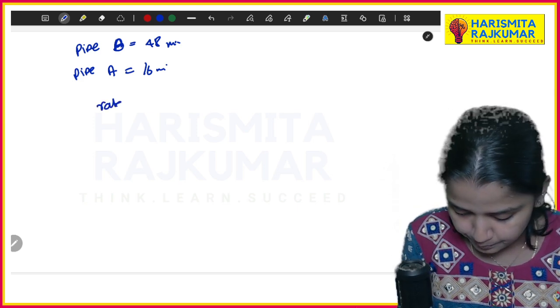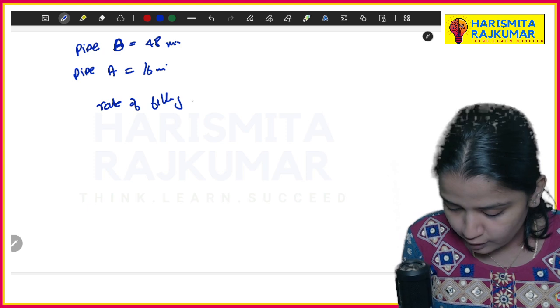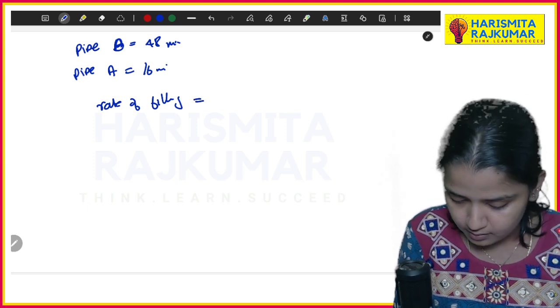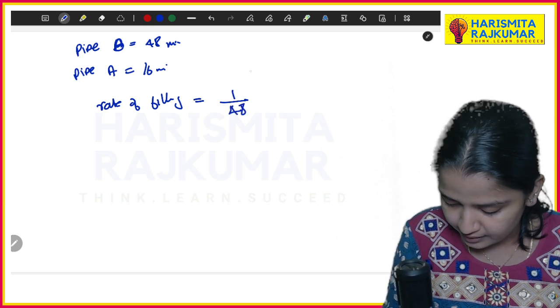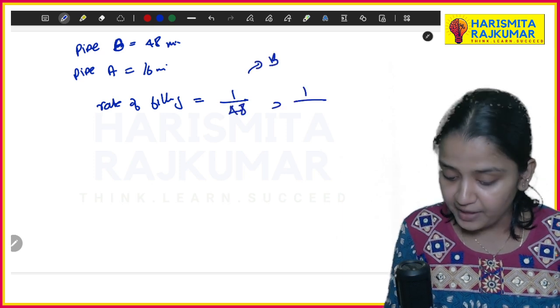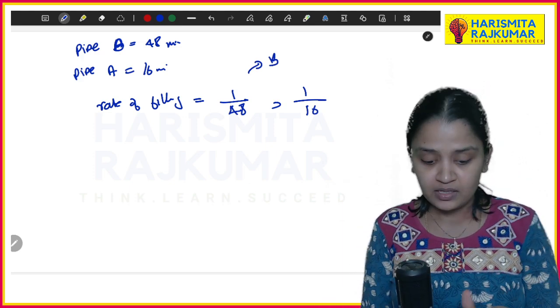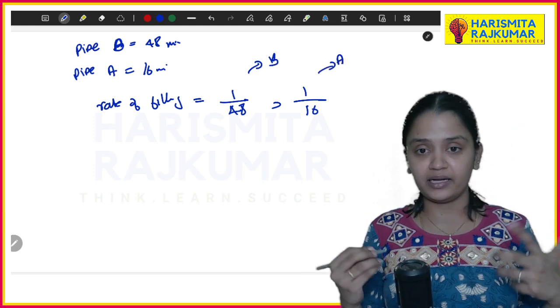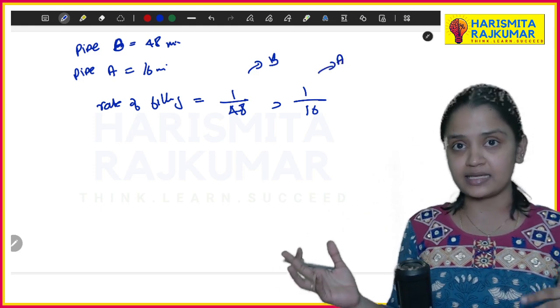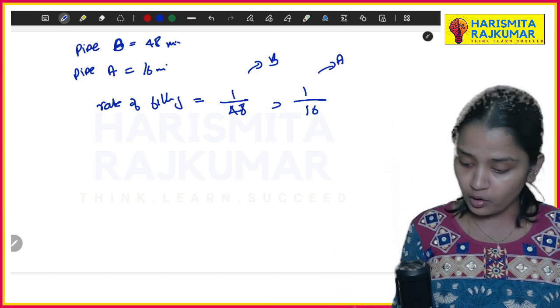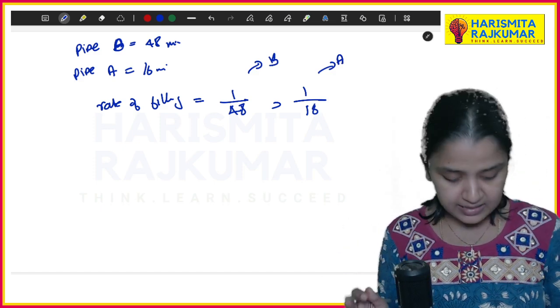The rate of filling of pipe B is 1 by 48, and pipe A is 1 by 16, because we take 1 by the number of minutes it takes to fill in 1 minute.